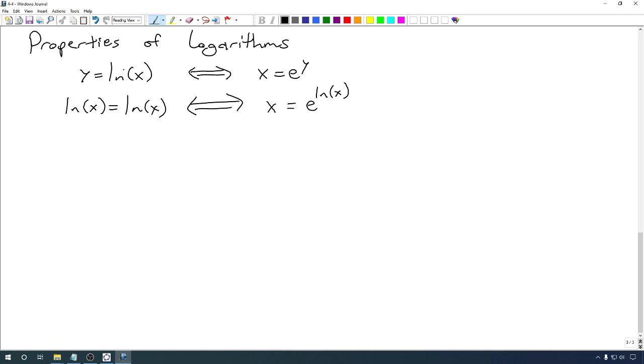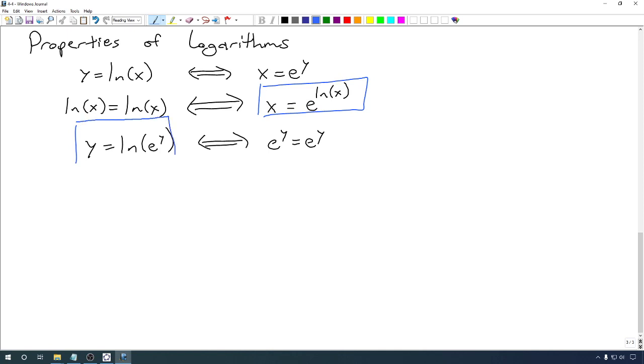Same thing if we put e to the y into here instead of x. So we have y is equal to ln of e to the y, and that corresponds to just over here, e to the y equals e to the y. Essentially, because this formula is always true, then this formula is also true.